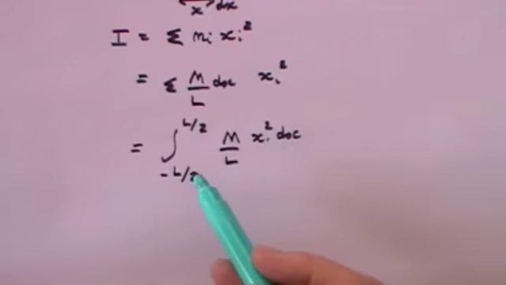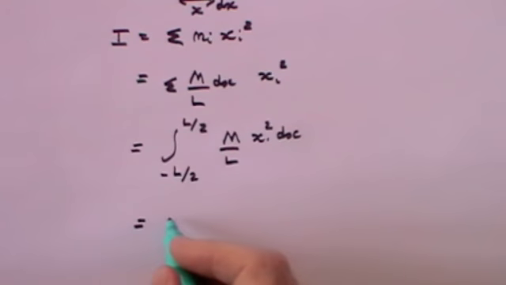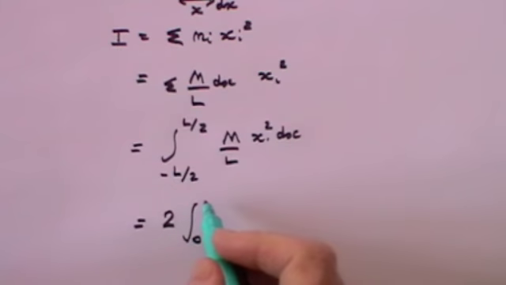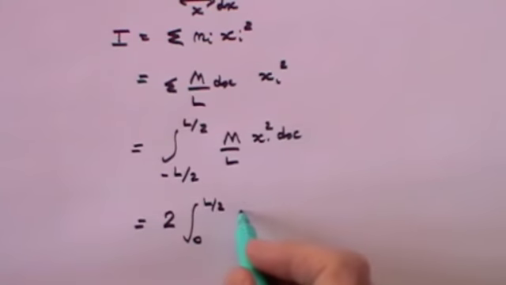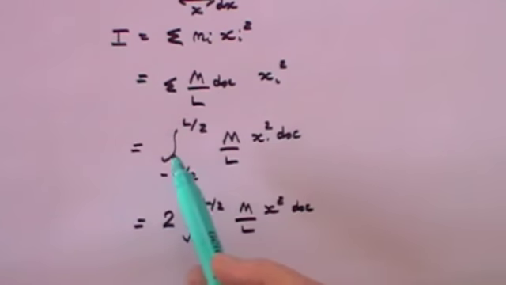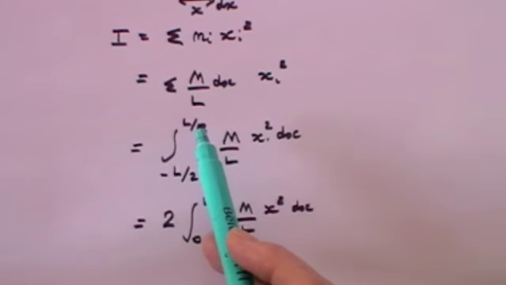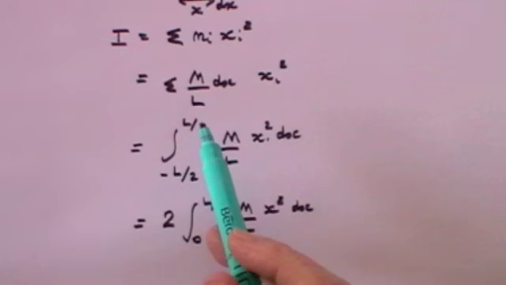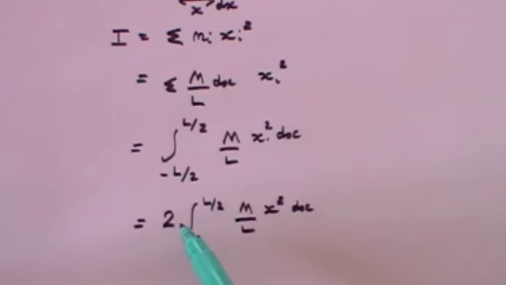Well, where you're going from minus L over 2 to L over 2, you might as well just go twice from halfway. So that's the integral from 0 to L over 2 times m over L x squared dx. All I did was to say this is from minus L over 2 to plus L over 2. So if we go from 0 to L over 2 and multiply by 2, we'll get the same result.